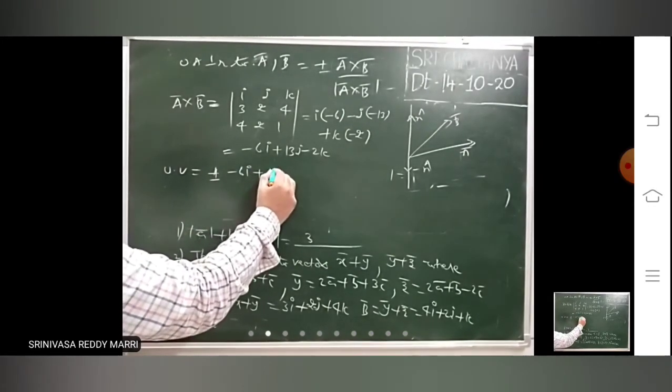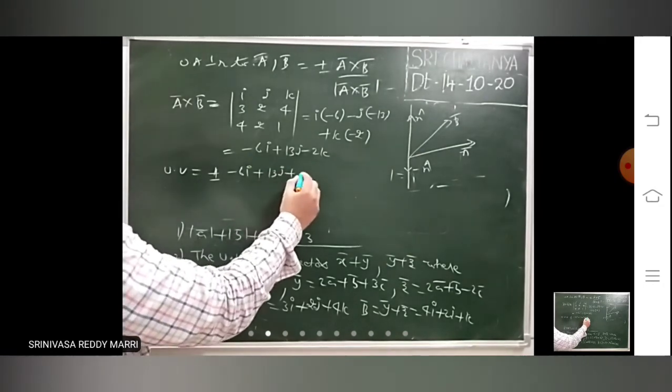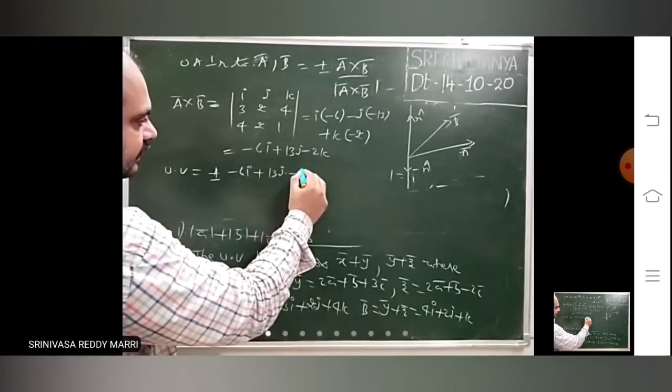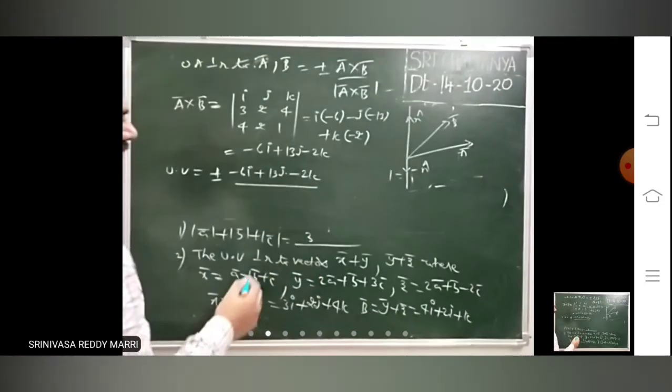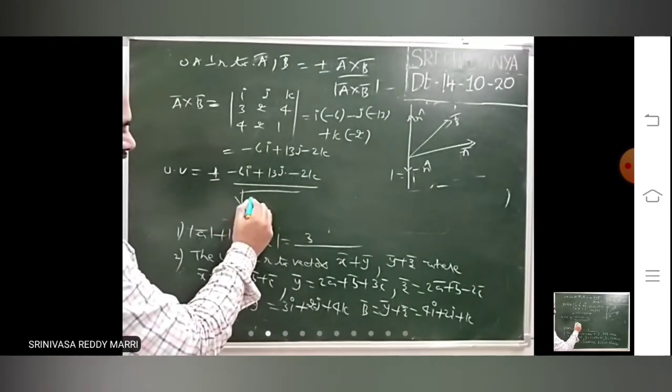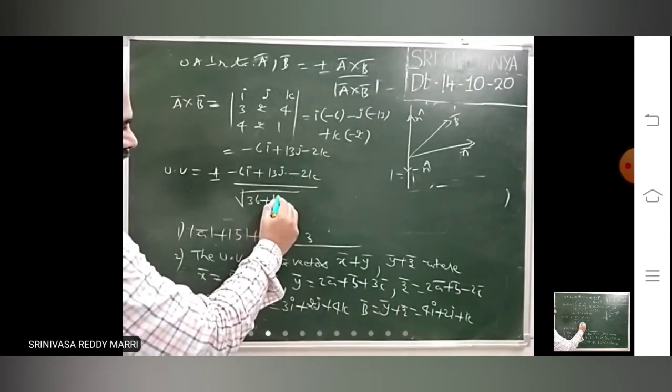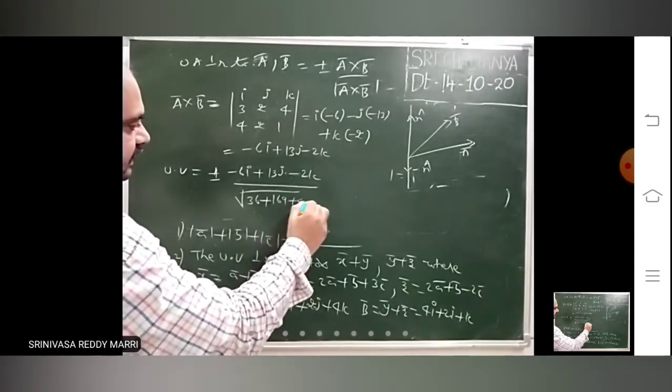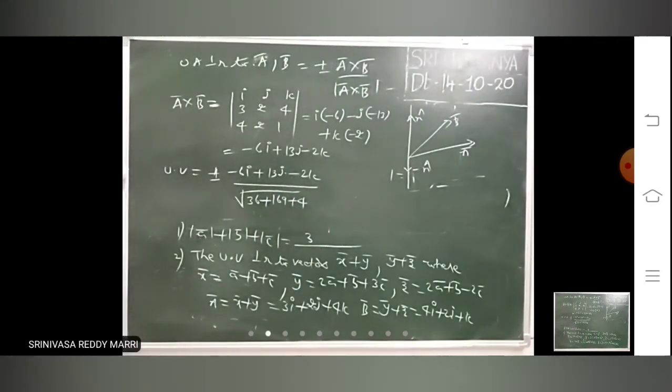minus 6I plus 13J minus 2K divided by root of 36 plus 169 plus 4.